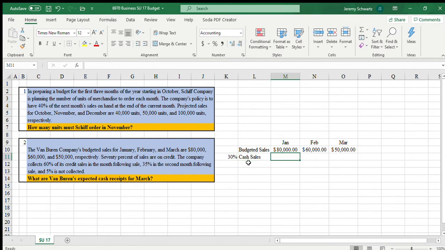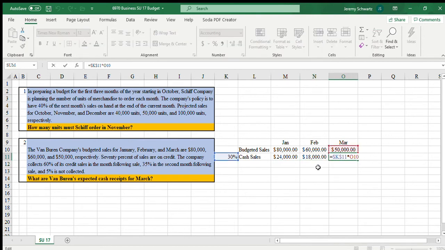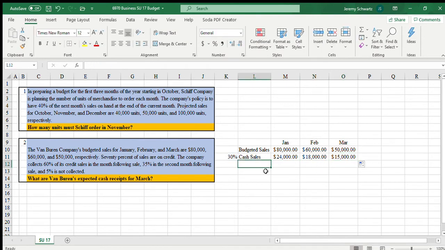So we take 30% of that number, so 24,000 of January sales will be collected in January because these were cash sales. Now if we want to copy this formula over, we take the 30% and drag that over so that we see that that's 30% is explaining what's happening there.